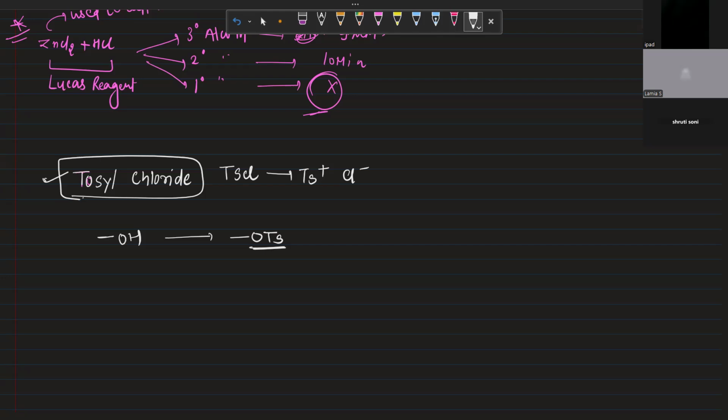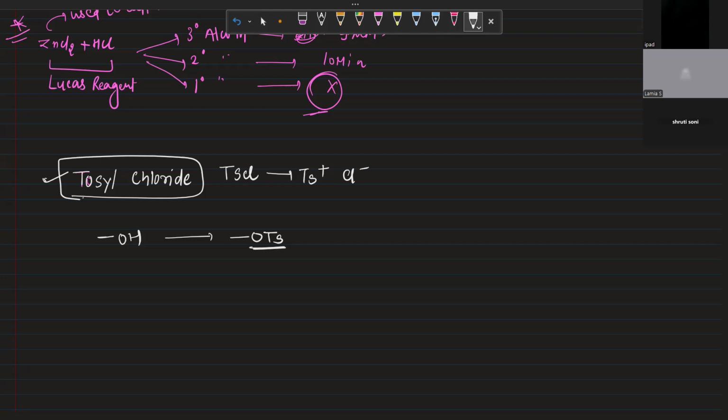In H, there is tosyl chloride with pyridine. So what will TsCl with pyridine do? It will take the position of hydrogen in case of OH. So the whole structure remains the same, but the Ts will attach to O. Okay, so OTs will be formed. OTs will form in this case.